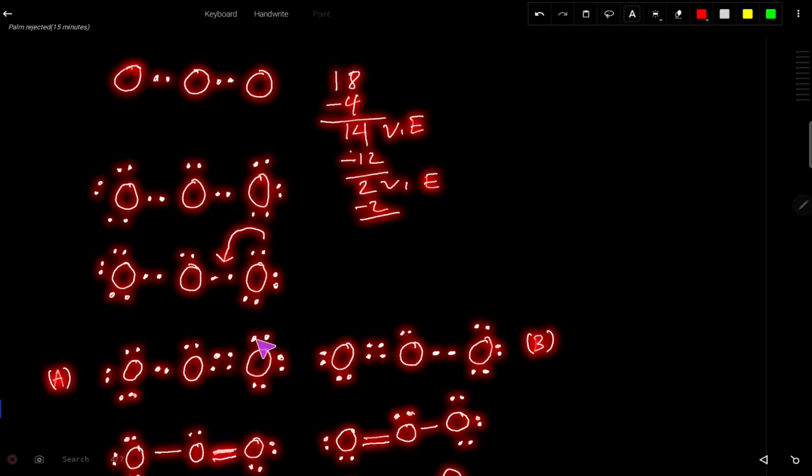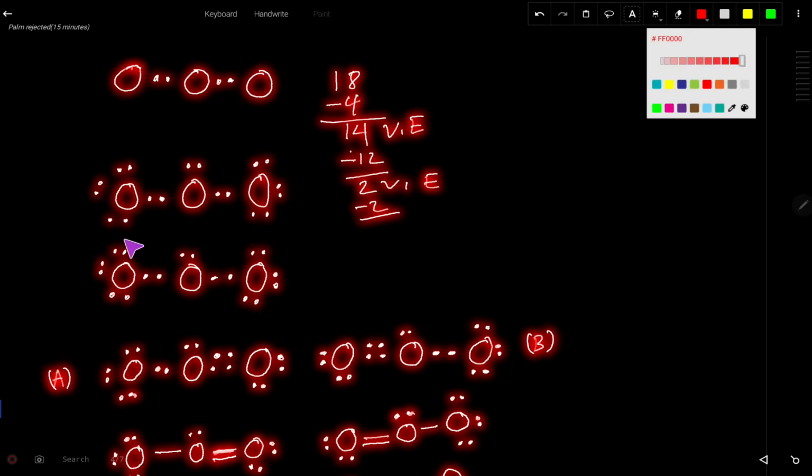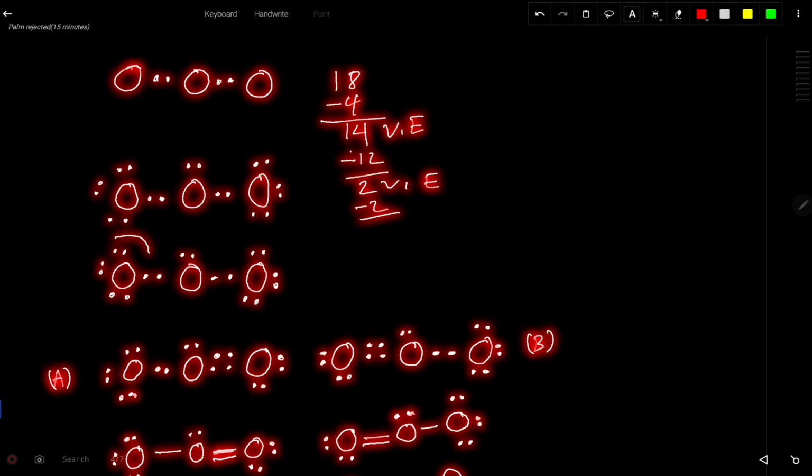Look, we are getting this structure here. If we move this lone pair as a bond pair, then we will get this structure, and let's say this is structure A. And if we move the electron from this side, we'll get this structure, where we get a double bond, right?